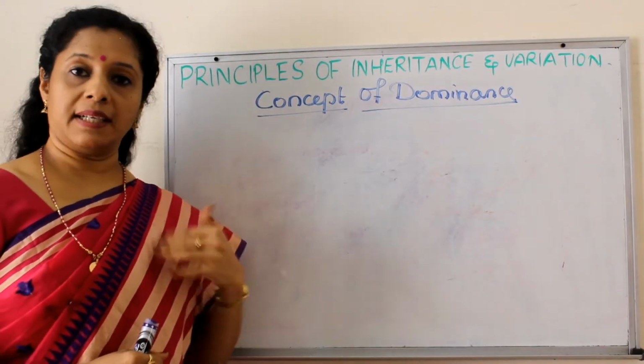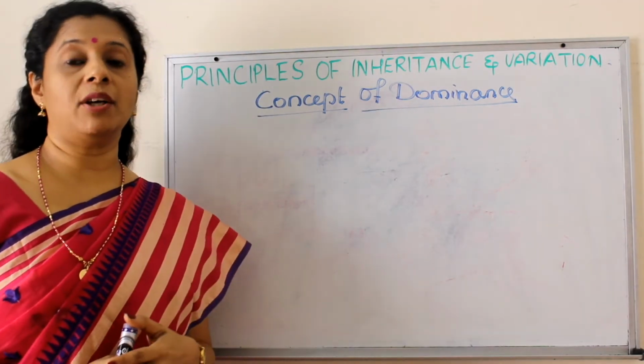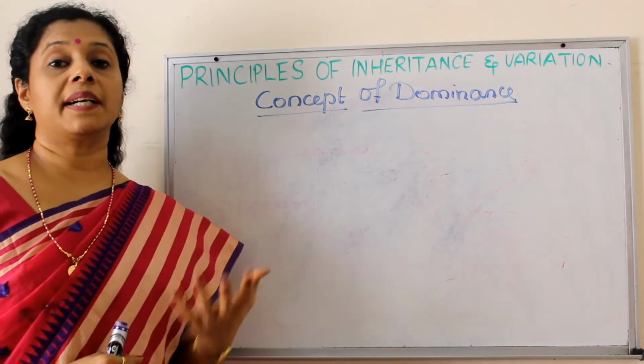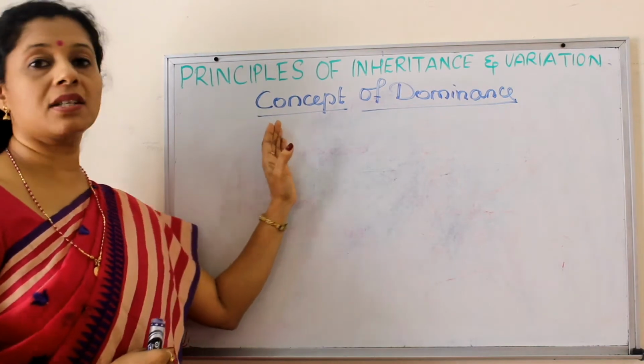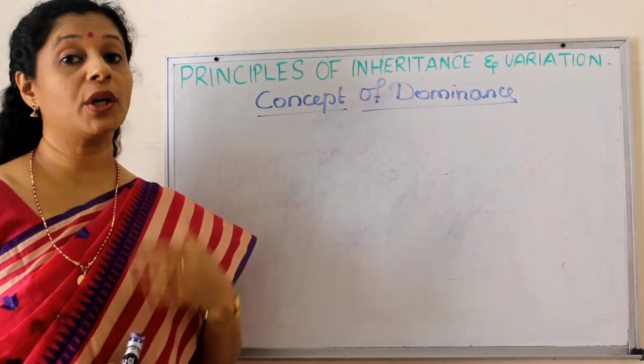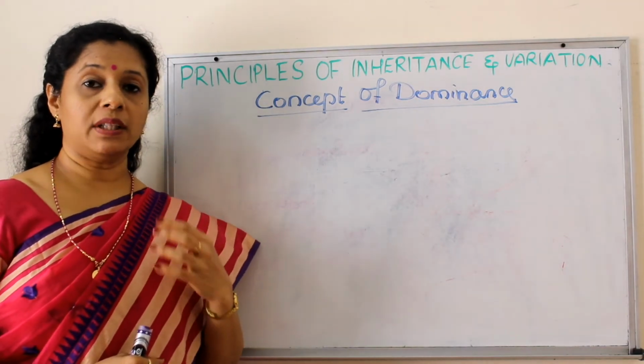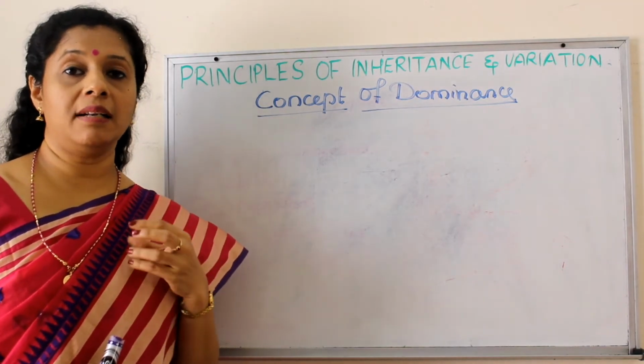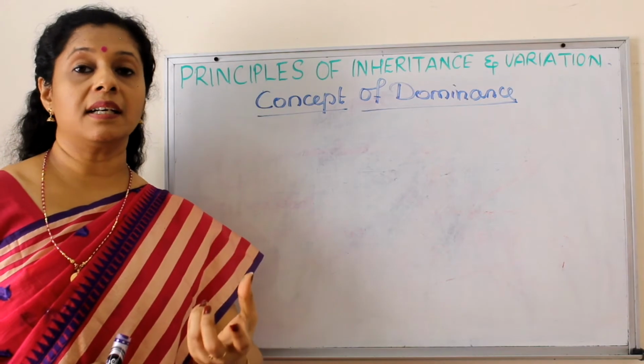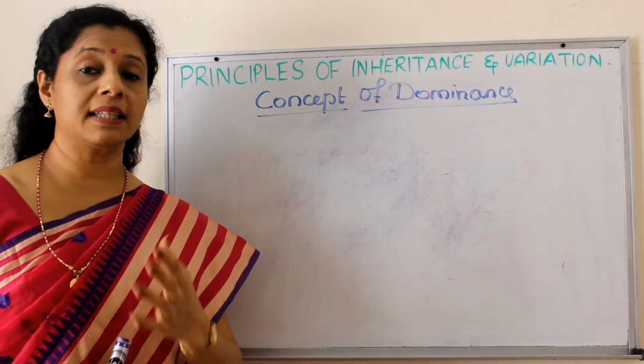So, to understand why the incomplete dominance happened, or what is the effect of the dominant allele, we now have to discuss the concepts of dominance. So, what do you mean by dominant or recessive? Okay, so we know that a gene or allele is expressing a character. Character means what? Nothing but protein.